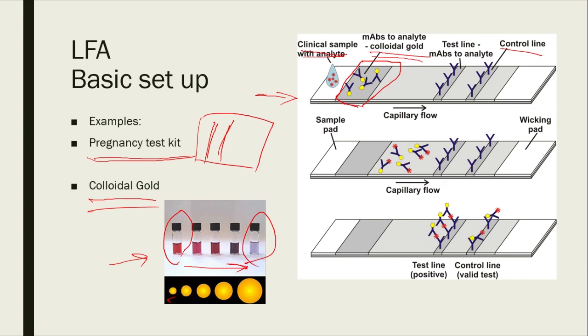The test line is also an antibody that is specific for the analyte. Since the analyte is a protein, you could have an antibody binding to one end, and an antibody binding to another end. So this is a multi-epitope type of situation.